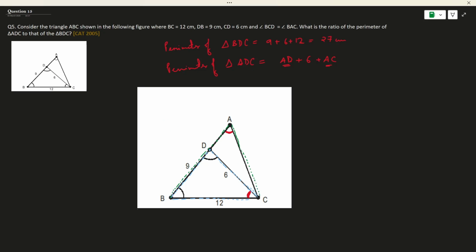Focus on triangles ABC and BDC. What is the common angle? Angle B, right? In triangle ABC and triangle DBC, I have angle B equal to angle B, which is the common angle.